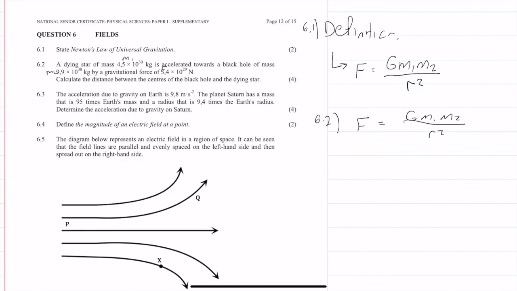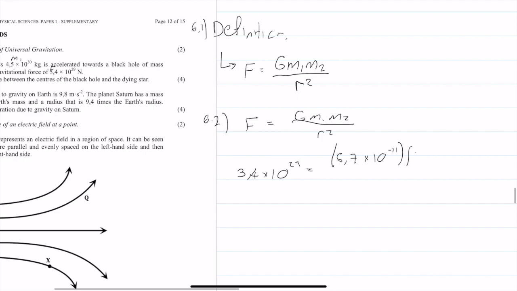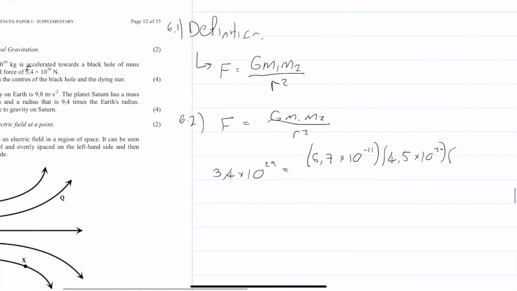Then we have F was 3.4 times 10 to the 29 is equal to G, our gravitational constant, which is equal to 6.7 times 10 to the minus 11. Mass 1 we can say is 4.5 times 10 to the 30, and mass 2 is 9.9 times 10 to the 30, all over r squared.